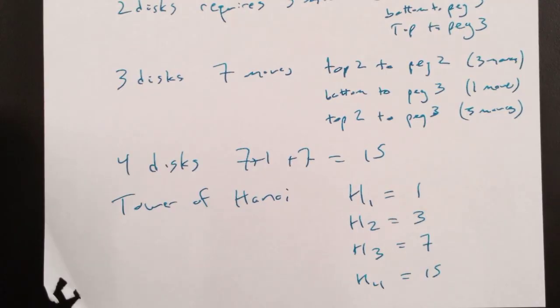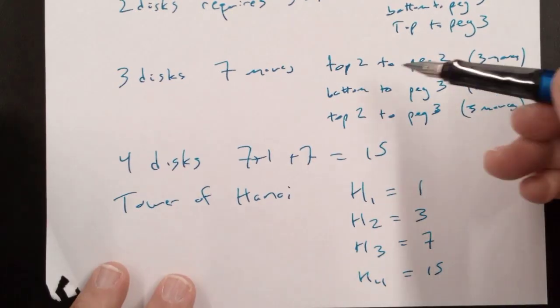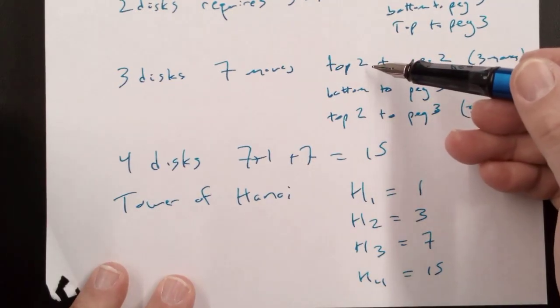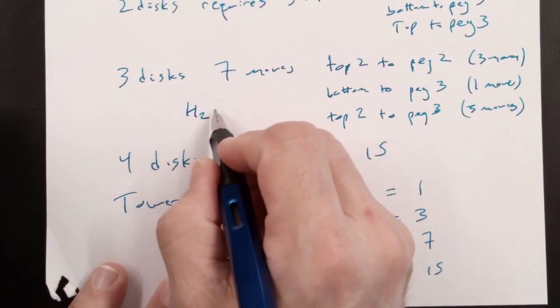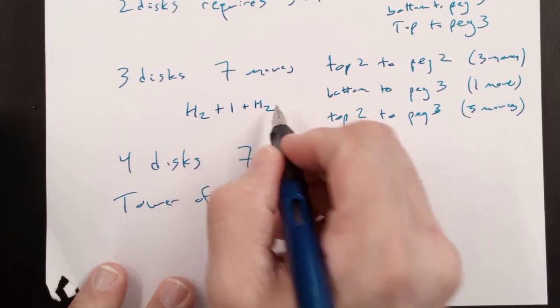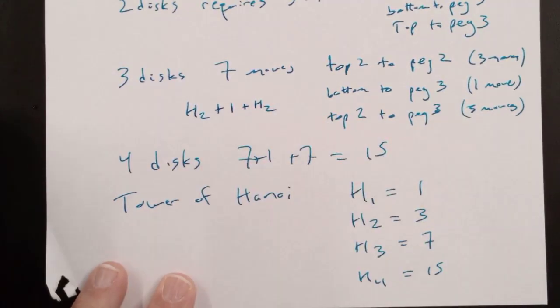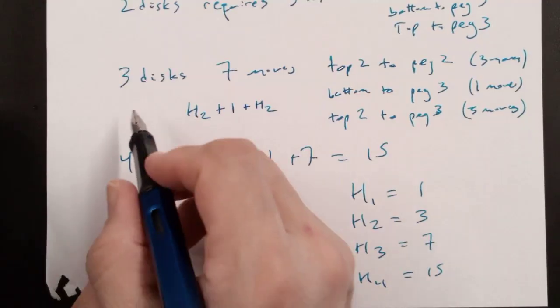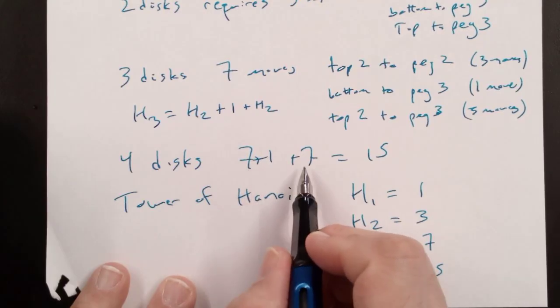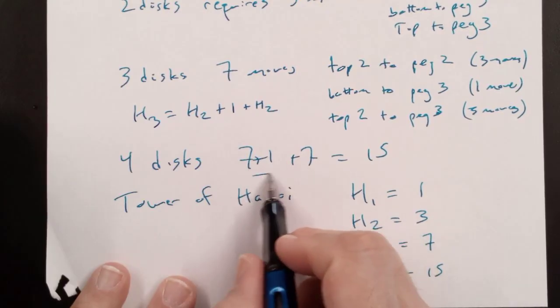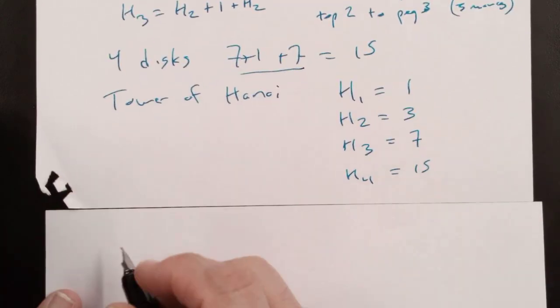We had to move the top one disk, then we had to move the bottom one disk, then we had to move the top one disk again. So it's like I said to myself, here I moved these. Well, that's 2 disks, that's H2. So to make H3, I really did H2 plus 1 plus H2. And to do 4 disks, I wrote it here, H3 and 1 and H3. So here's my recurrence.